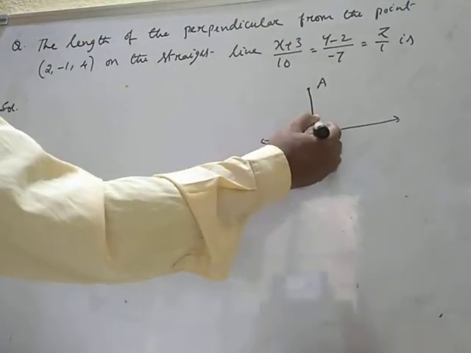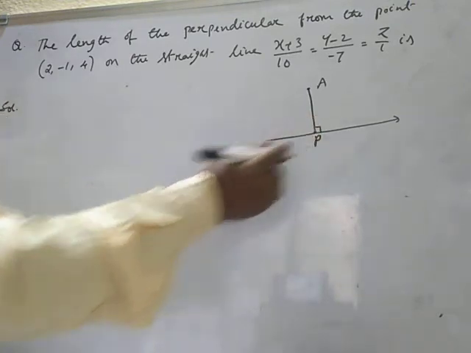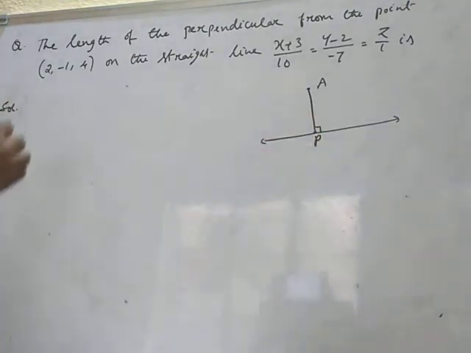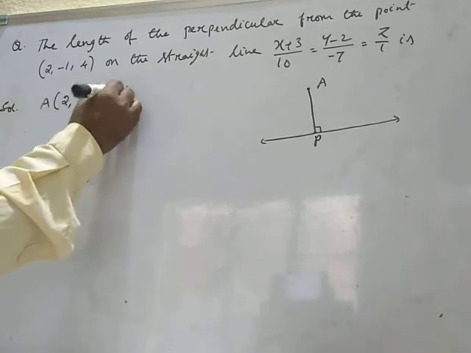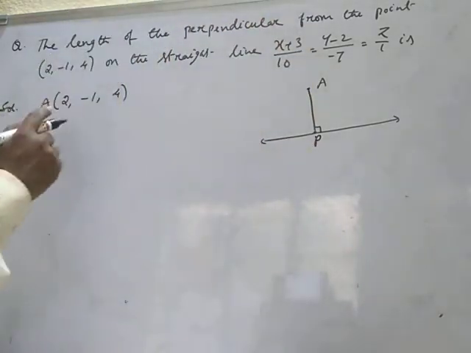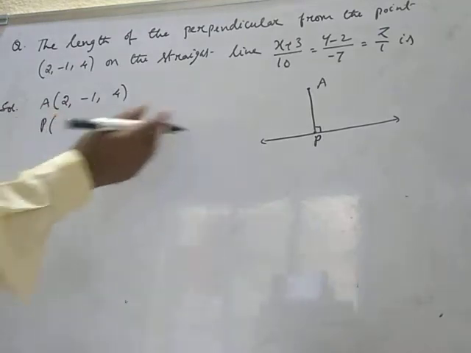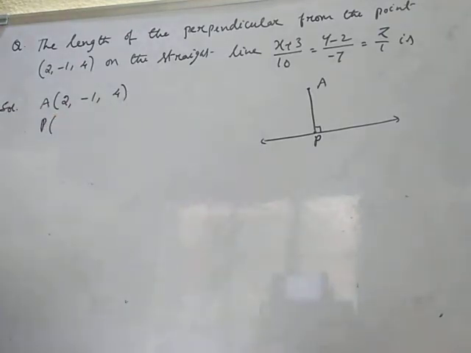Then AP and the line are perpendicular. A is (2, -1, 4). Let P be any point on the given line.